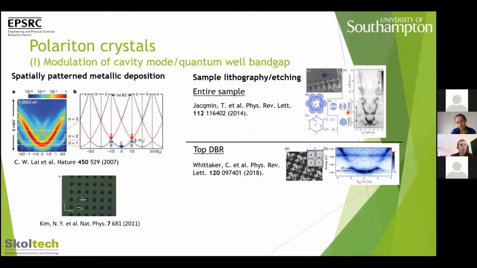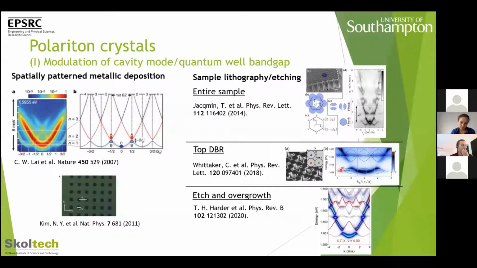Alternatively, just the top DBR can be spatially structured through etching, and the example I show here is from Krasnokutski's group, whereby with this lead lattice etched into the top DBR, they can start to see the band structure of it as well.